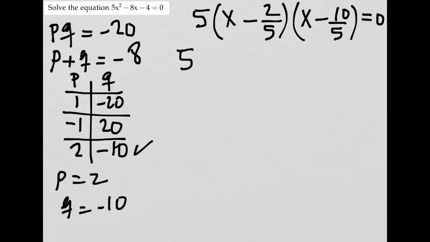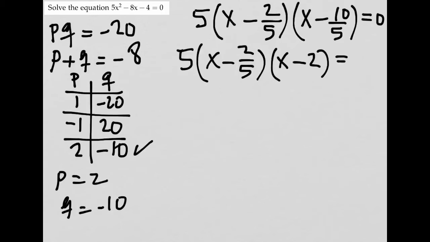Simplifying, we have 5 times x minus 2 over 5, and 10 over 5 is 2, so x minus 2 equals 0. Now we have a product of three factors, namely 5, x minus 2 over 5, and x minus 2, all equal to 0.